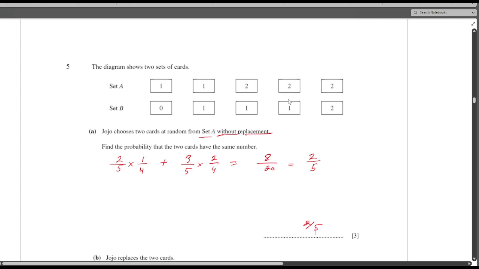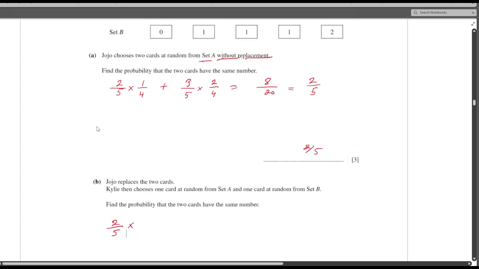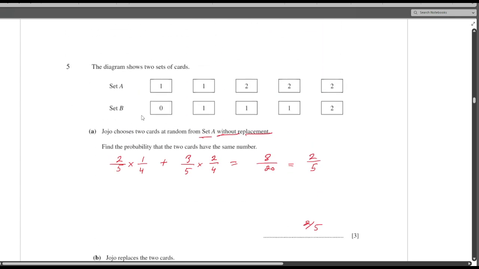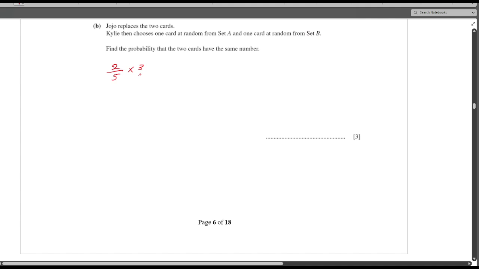So if from set A Kelly chooses card 1, it is 2 divided by 5, and then from set B, if Kelly is choosing card 1, then it is 3 divided by 5. So 2 divided by 5 times 3 divided by 5.